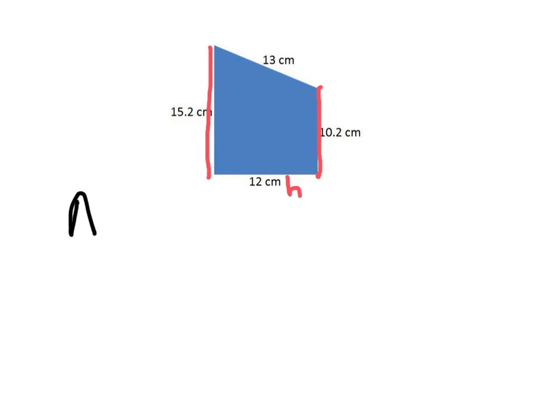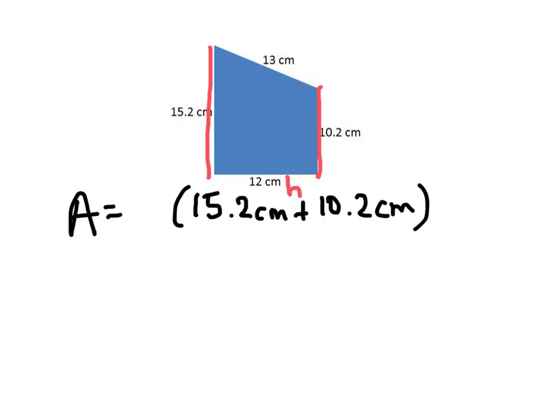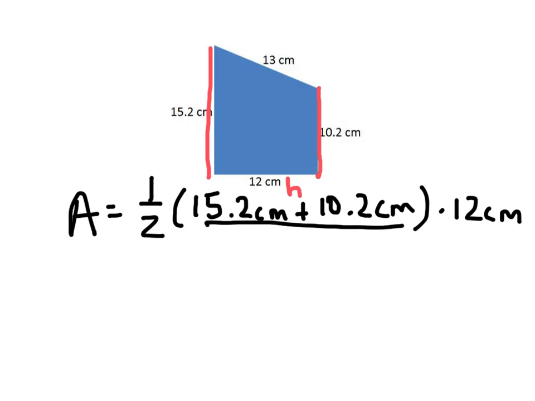Welcome back from pausing the video. Our two bases are 15.2 plus 10.2, so I'm going to add those together, divide by 2, and then multiply by 12. 15.2 plus 10.2 is 25.4.